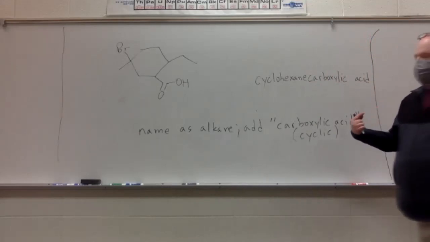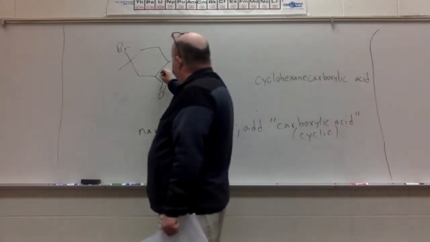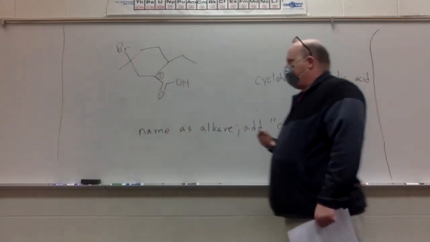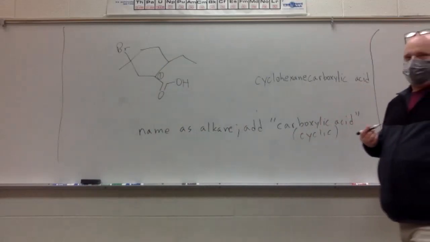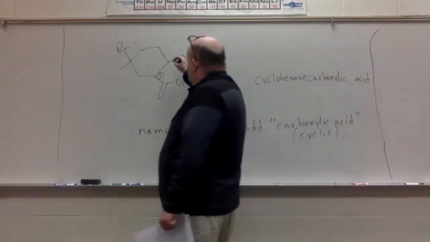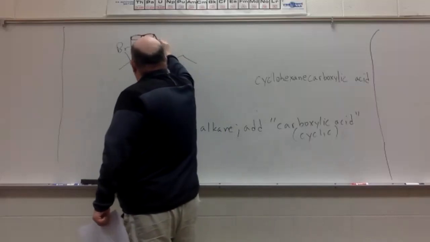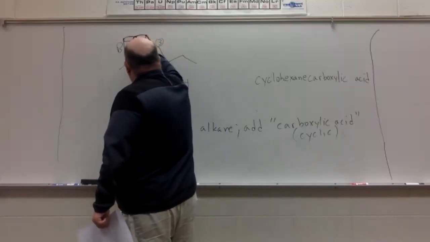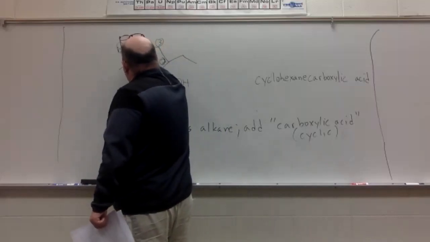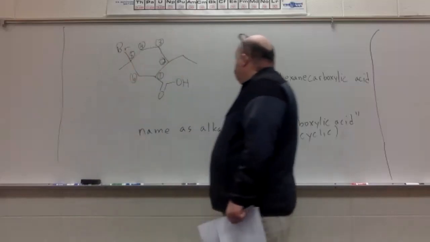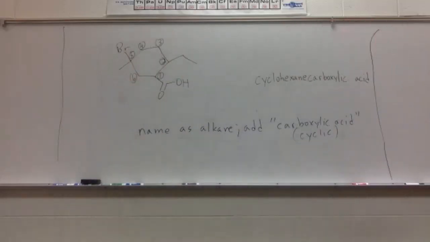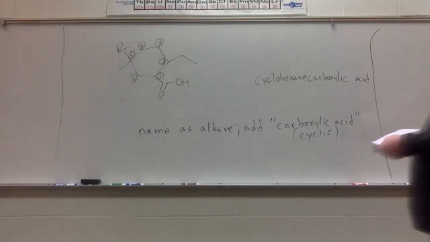Just like with acyclics, we're going to assume that this is number 1, so you don't have to say 1 cyclohexane carboxylic acid. Then we number the rest of the ring using the same guidelines we had in the past, and this allows us to name our substituents. It looks like we have a bromo on 5, a methyl on 5, and an ethyl on 2.